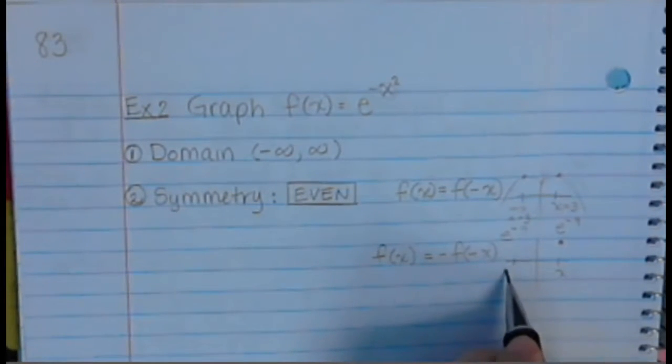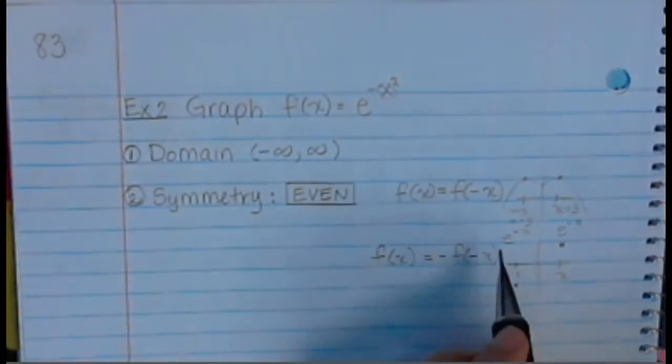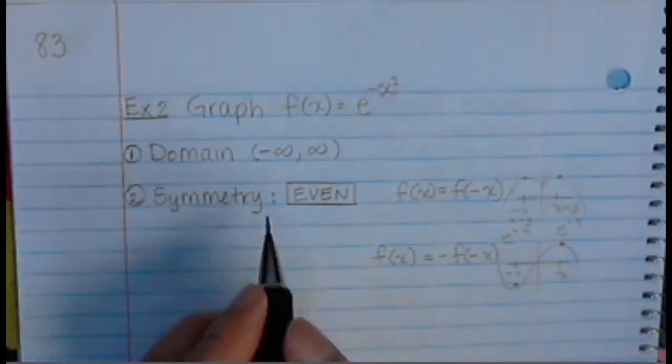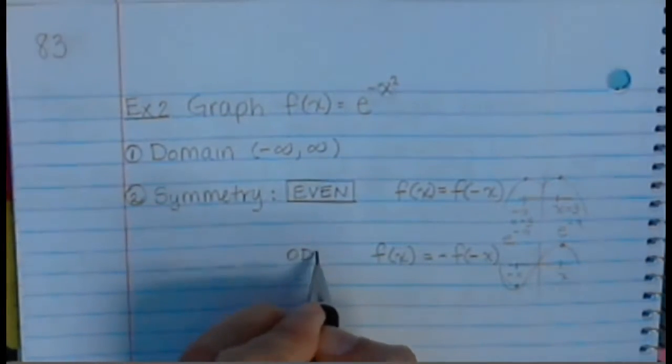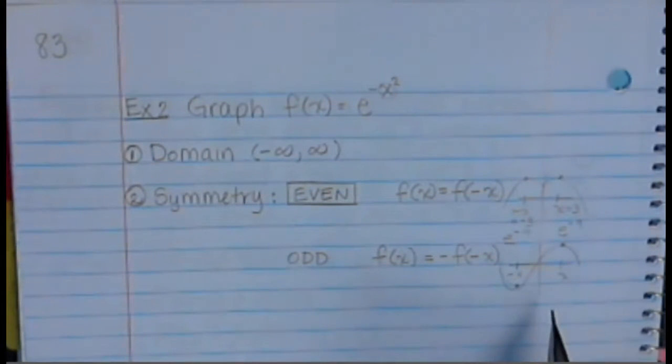When we come to negative x, we get a negative y value. So we can see we're going to have one positive, one negative. You might see something like this. That is considered an odd function. But we noticed that ours was even, so we don't have to worry about it being odd. But that's how we check.